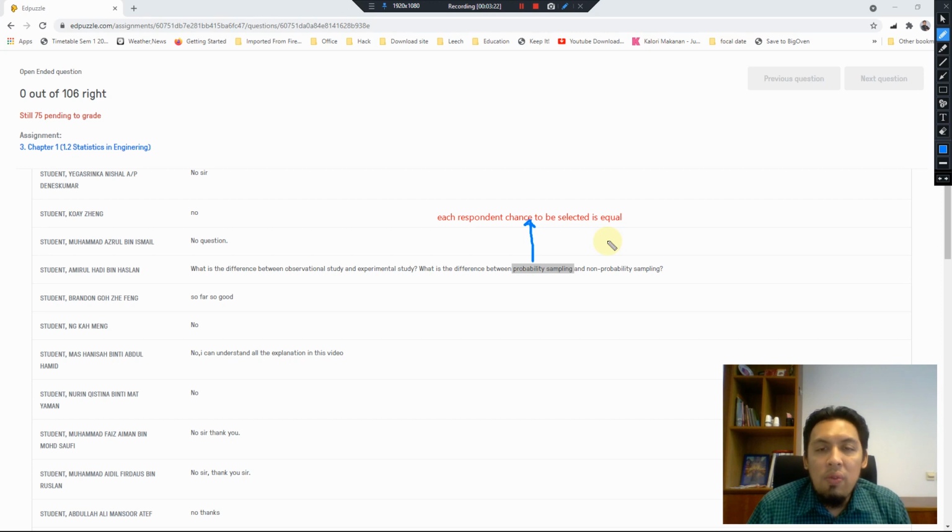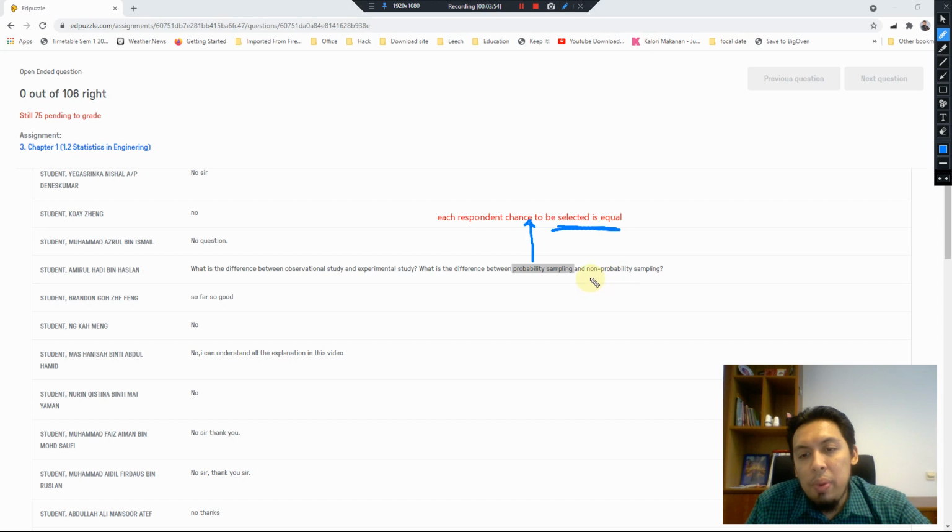However, you realize that maybe two or three of your friends are absent, so you can't really conduct probability sampling at that time, because those who are absent don't have a chance to be selected. So it doesn't matter who you are interested in, you need to make sure that all of them have an equal chance to be selected.